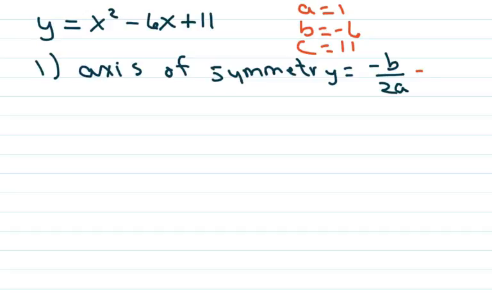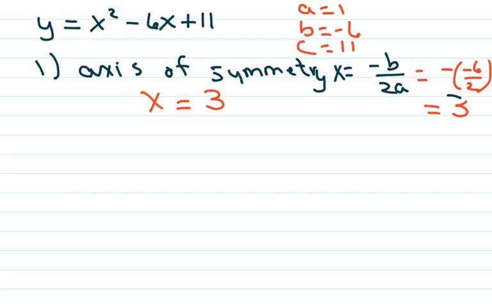I only need b and a here. So I have negative negative 6 over 2 times 1, which is 2. This equals 3. So x equals, what did I put, y? Oh, because that was symmetry. The axis of symmetry is x equals negative b over 2a. So x equals 3.